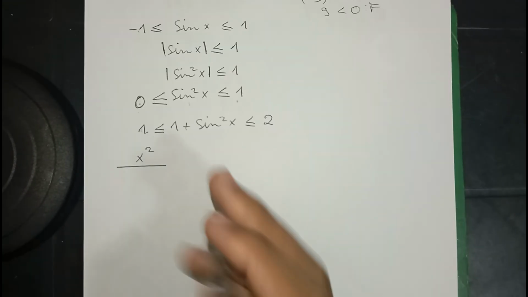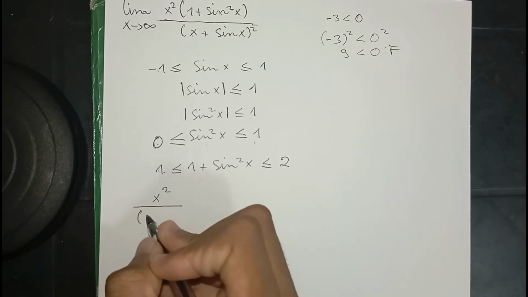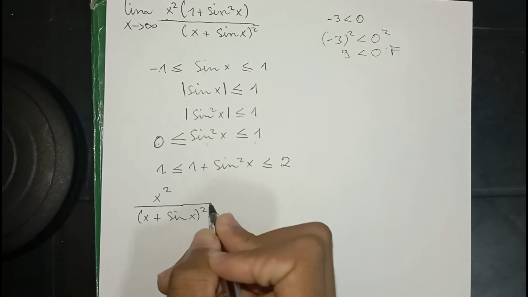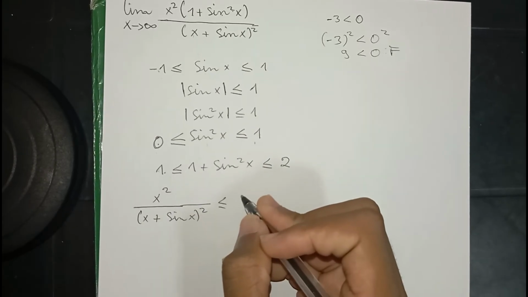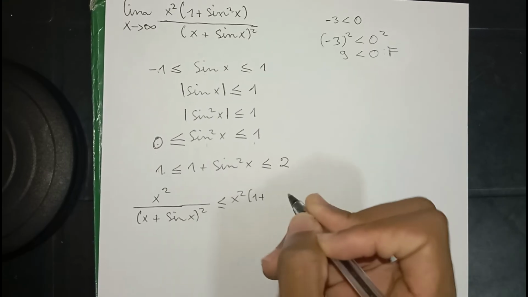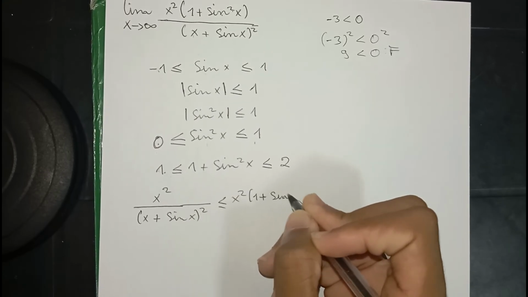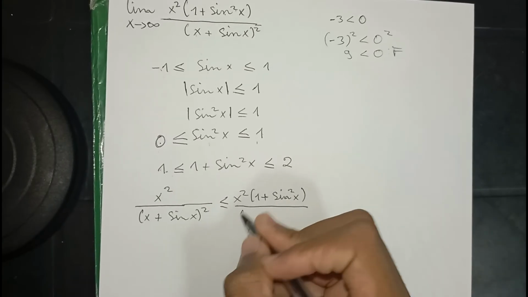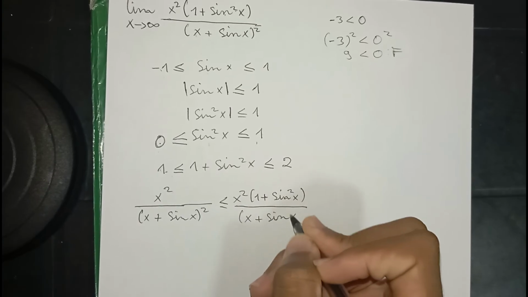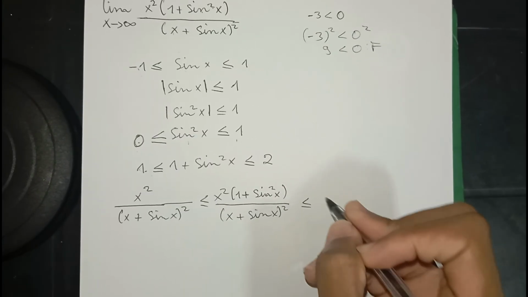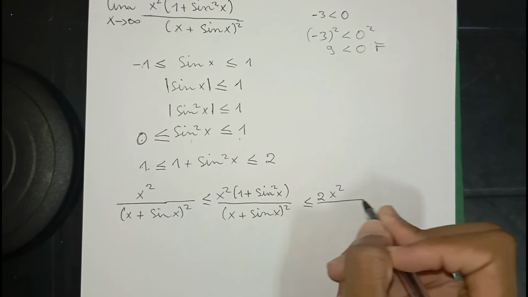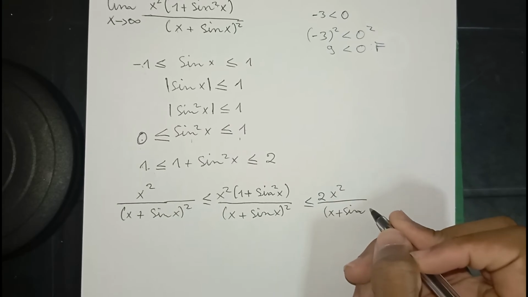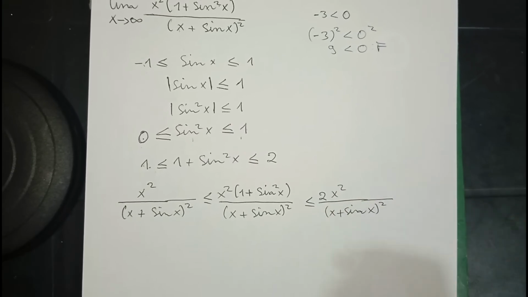Okay, now I get this: x plus sine of x squared. Right here I get 1 plus sine squared of x over this square, then it's 2 times x squared over this, it's sine here over this. Good.